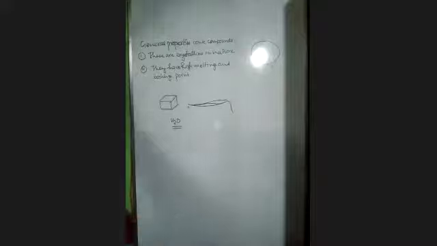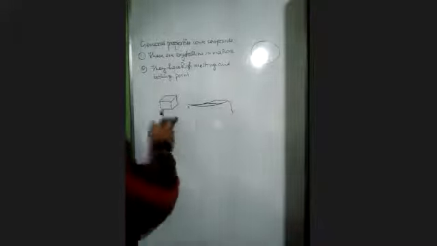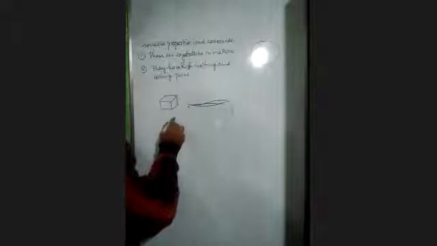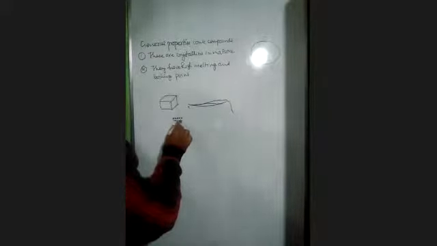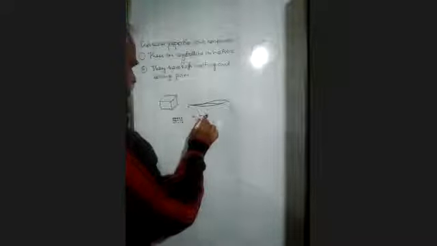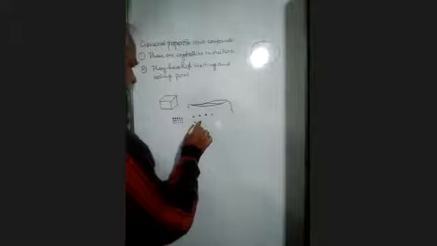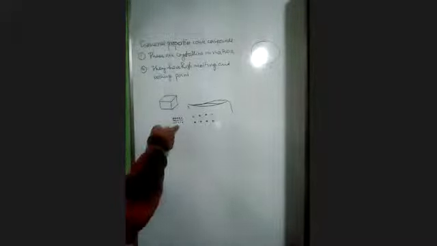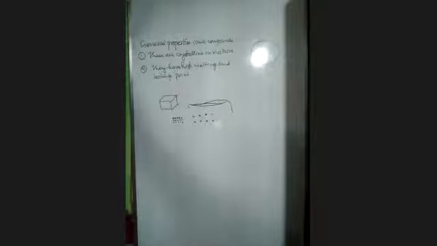Why can they move? See, in the case of the crystal, the particles are very, very close to each other. So they do not have any space to move. But in liquid, you'll find the space between them is large, so they can move. It is just like you have entered an extremely crowded place.